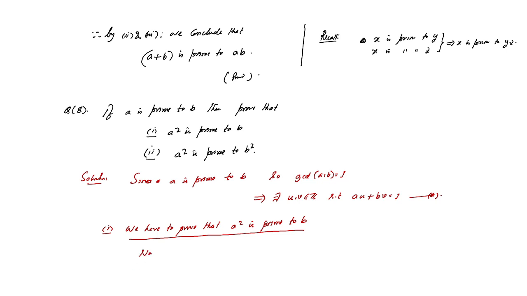So now from star, what we get? Au plus Bv equals 1. And from that we can write Au equals 1 minus Bv. So just squaring on both sides, that will be A square u square equals 1 minus 2Bv plus B square v square. And that we can also write as A square u square plus B into (2v minus Bv square) equals 1.